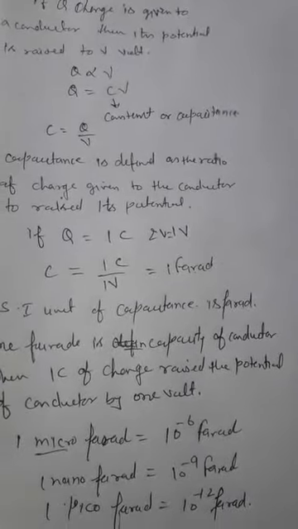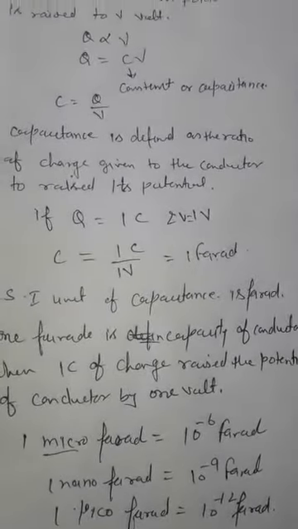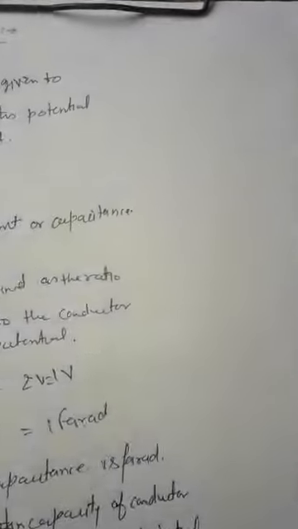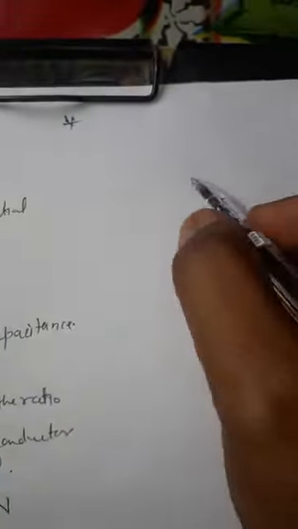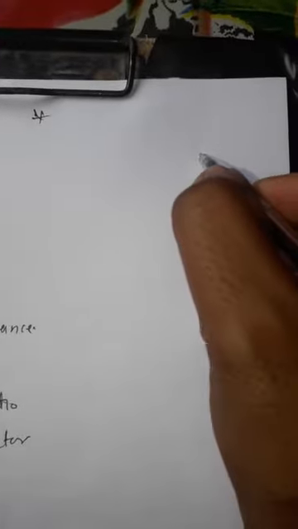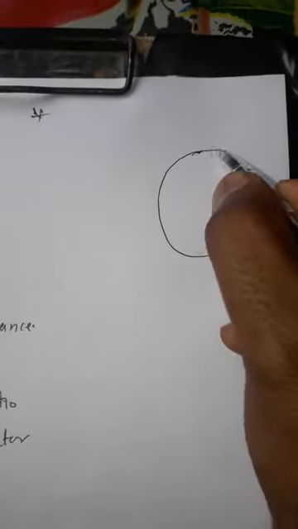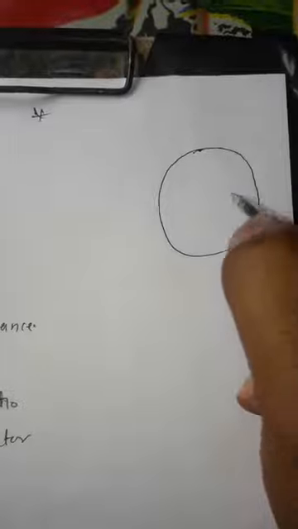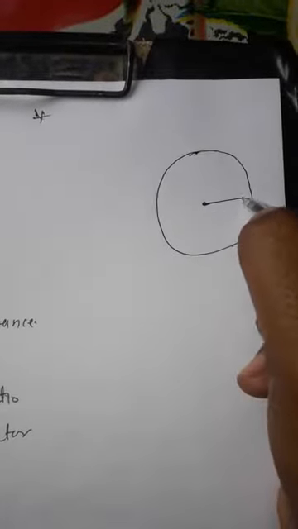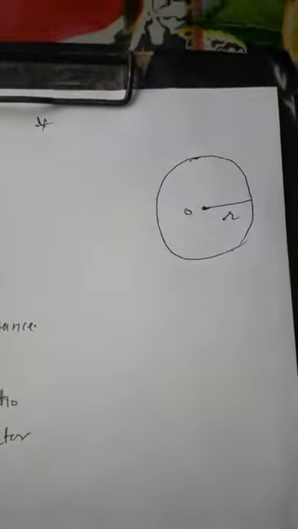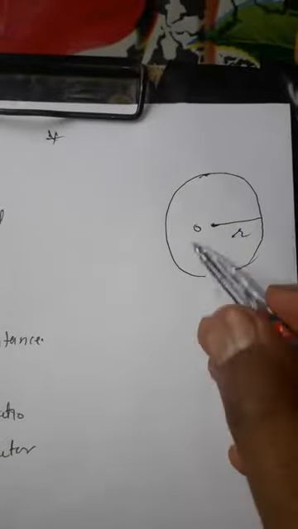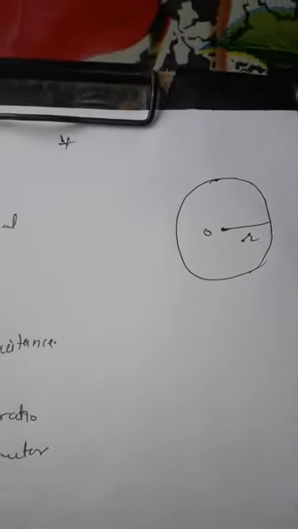Now if we want to calculate the capacitance of a conductor of spherical shape, let us consider a conductor like this in the form of a sphere with radius r and center O. This sphere may be solid or a spherical shell.